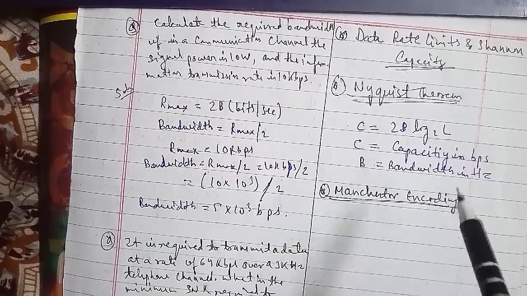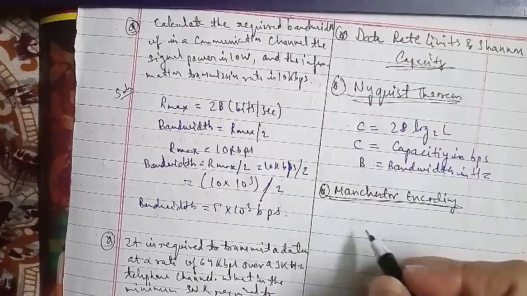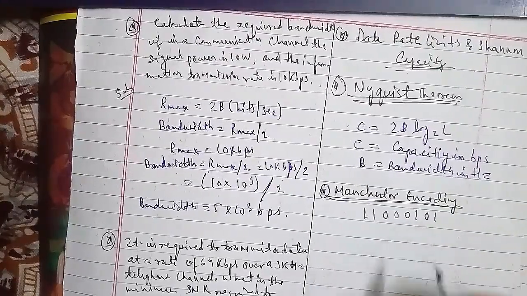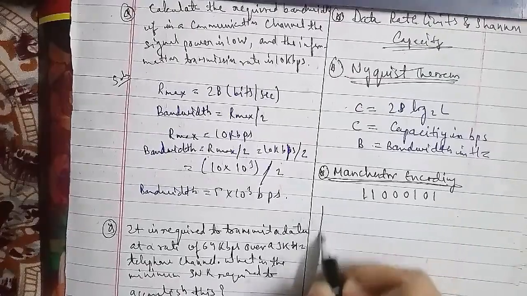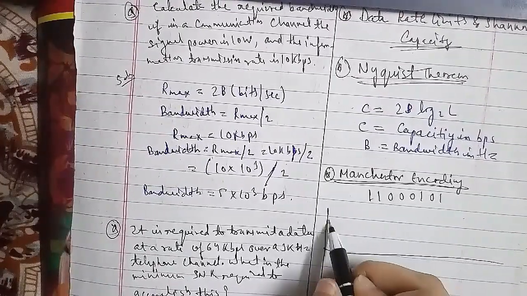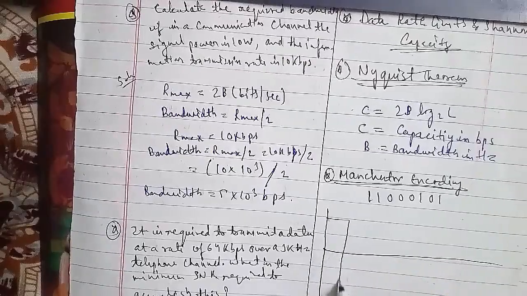This is binary 1, this is positive V, and this is binary 0, that is negative. So this is the representation of the Manchester encoding waveform of 8-bit data.